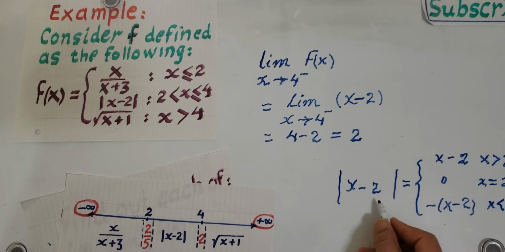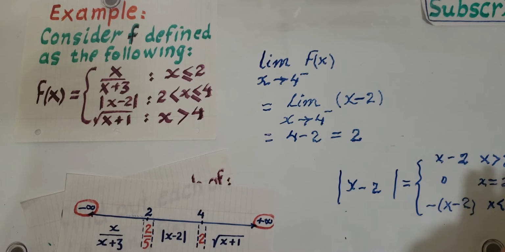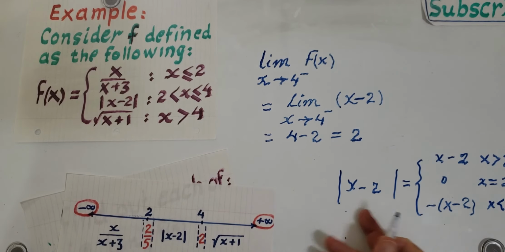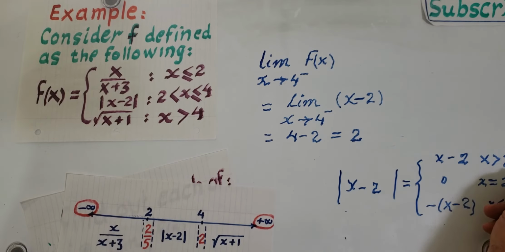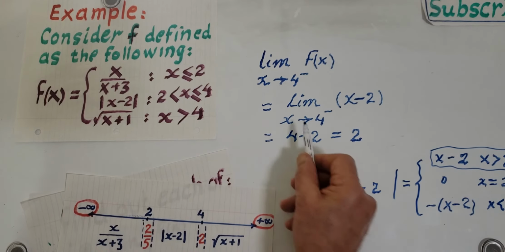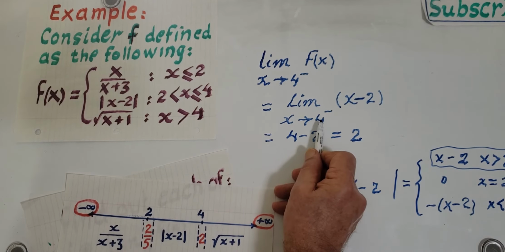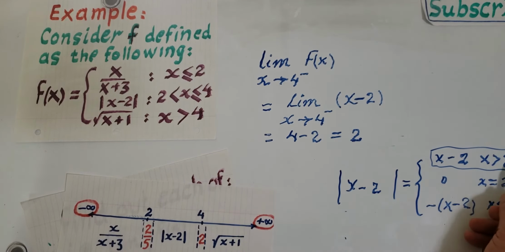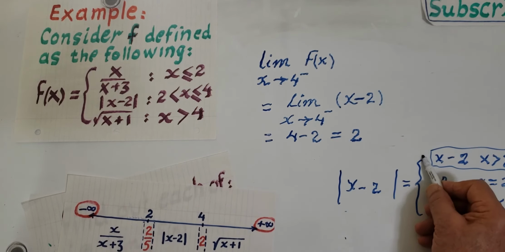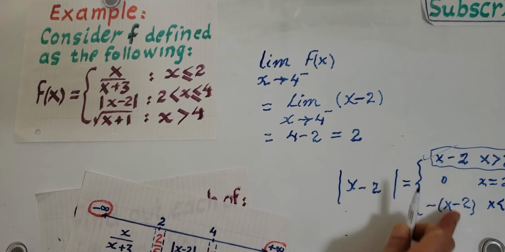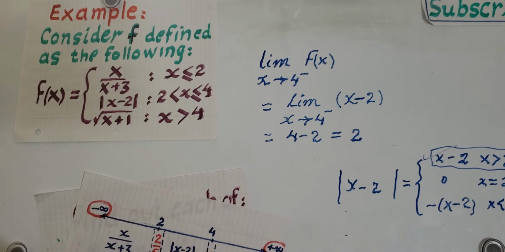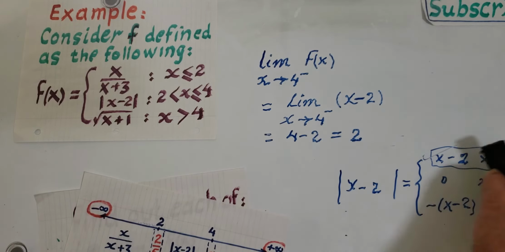This is the definition of the absolute value after we eliminate the symbol of absolute value. Here we just got this situation because x approaches 4. 4 is greater than 2, as you see. That's why we got this and ignored the other two cases. This just explains why we got this one.